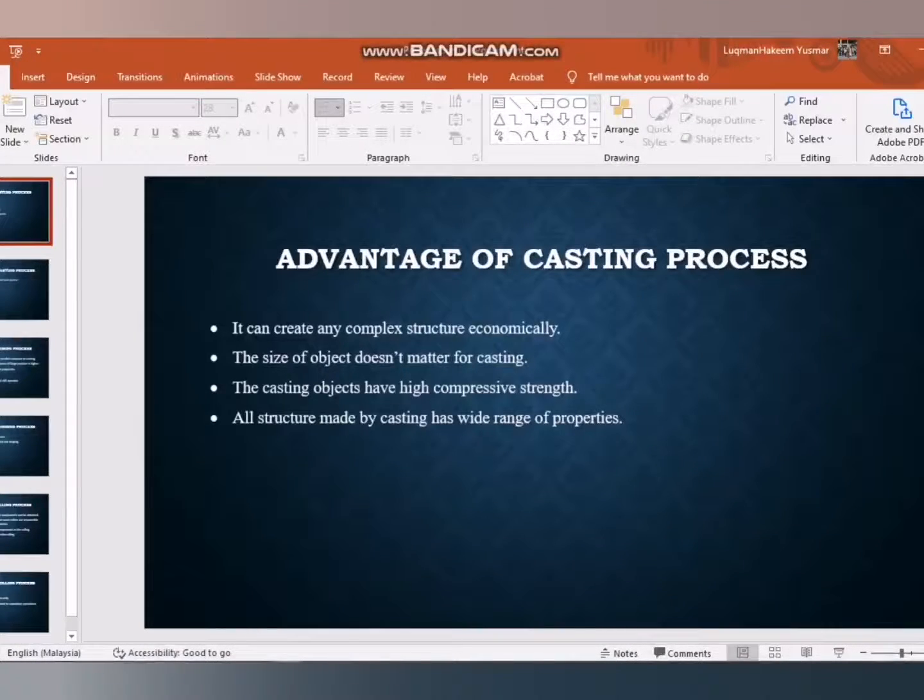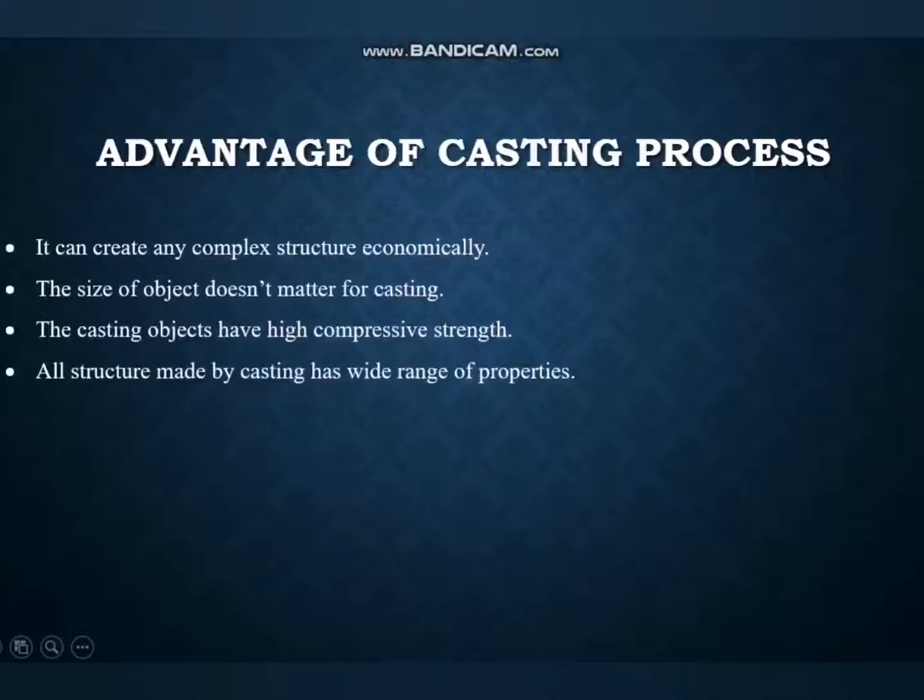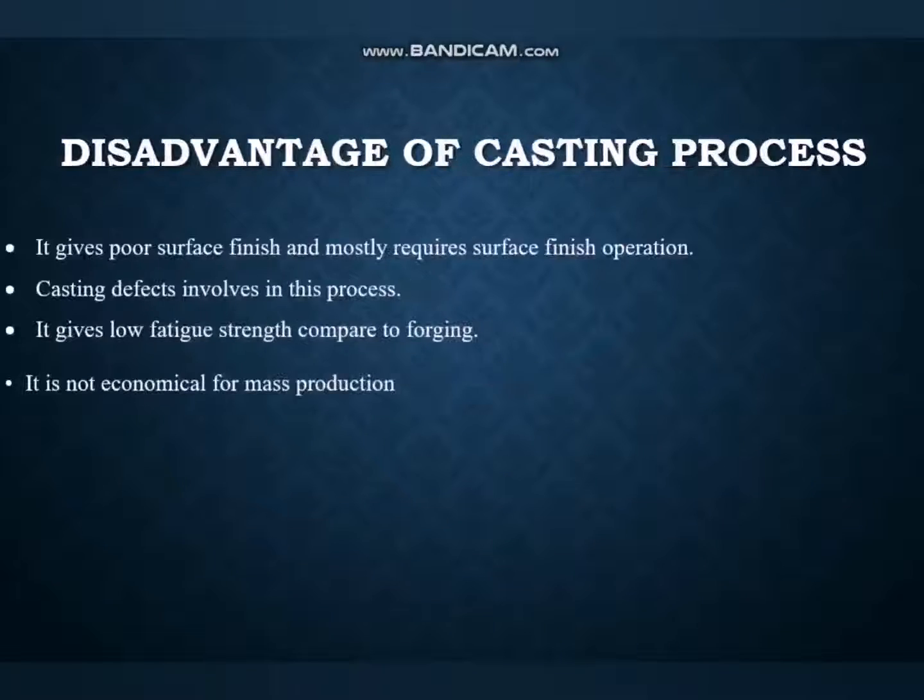Today I will present the advantages of the casting process: it can create any complex structure economically. The size of the object doesn't matter for casting. Cast objects have high compressive strength. All structures made by casting have a wide range of properties.